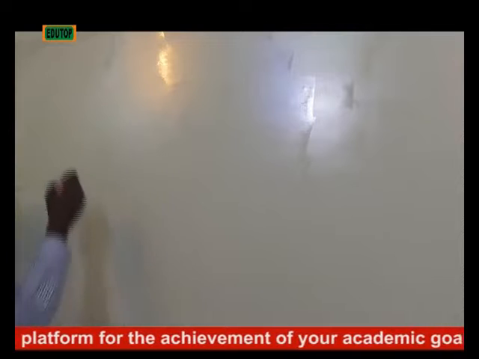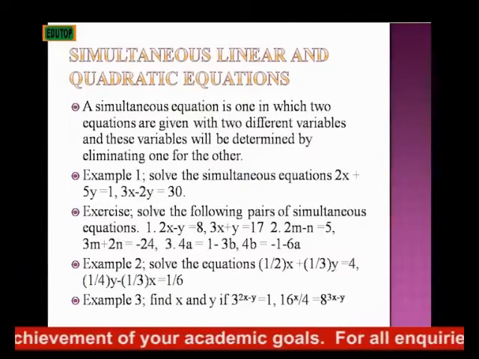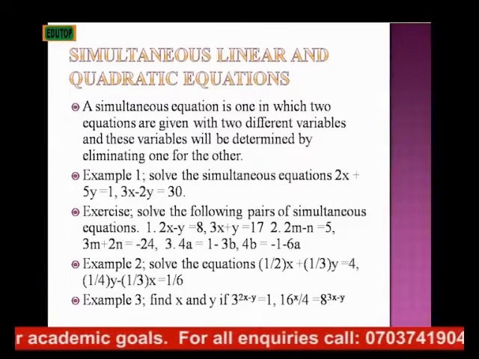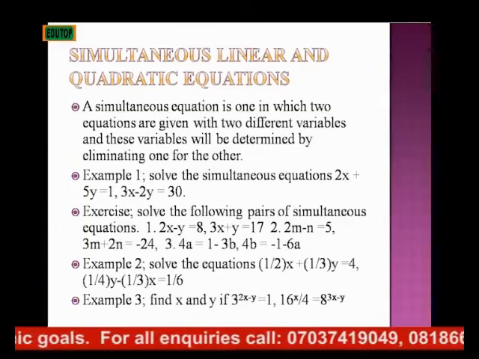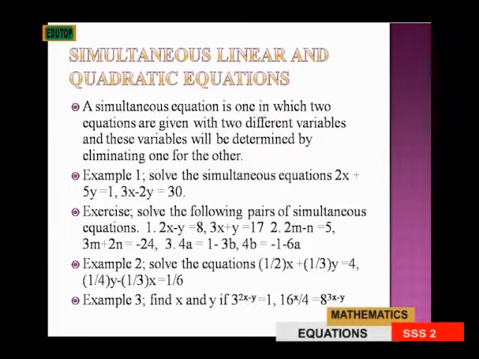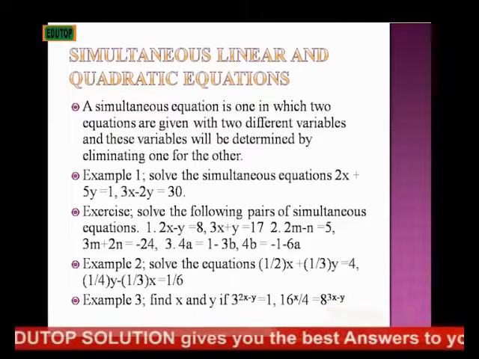So question 2 says that 2m minus n equals 5. Then you also have 3m plus 2n equals minus 24. So these are the 2 equations.